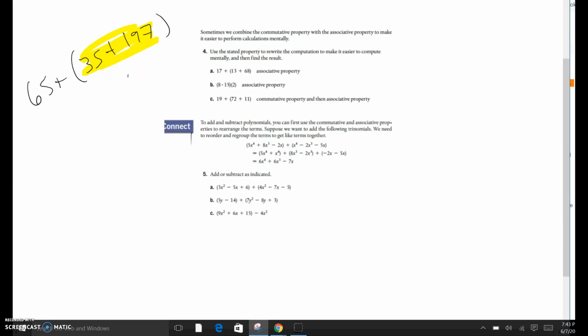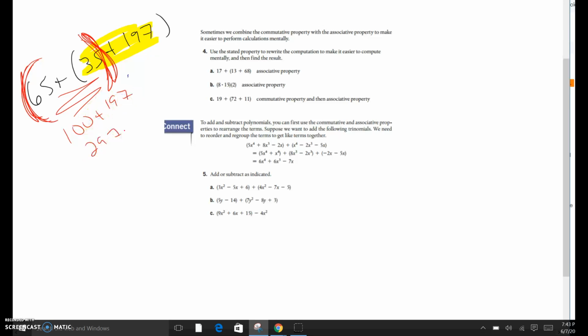They're like, well, if this happens, then you can bypass the rule. So it's all adding. So instead, I could group these together. Now, I'm not moving the numbers around. I'm just grouping them different. So I'm putting these together. These two are going to associate together instead of these two. So then I can get my answer easier.